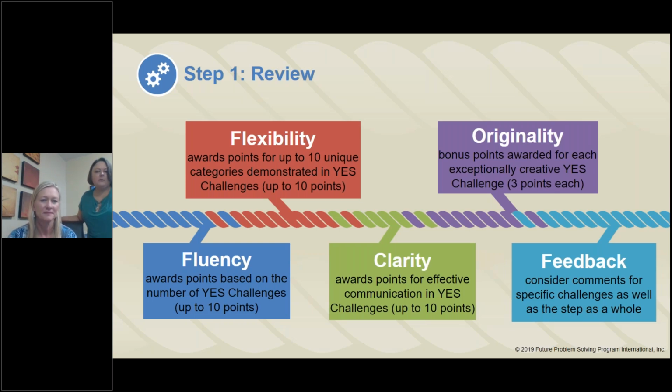But if you see the same situation occurring challenge after challenge after challenge, you might just say see below, and then in the overall say you had a number of perhaps, they all exhibited this same concern, and approach it that way. So it's not that each challenge must have a comment, but so that they get an overall benefit and aren't left looking at their score sheet wondering why they were provided the scores that they were.